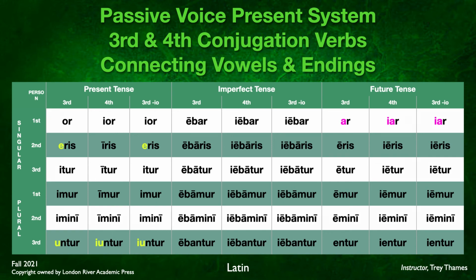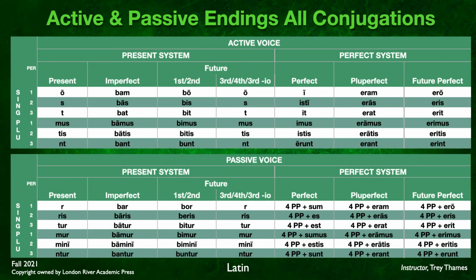helpful here. I'm going to go ahead and take the chart and put passive and active endings together here. You can see them all. Present tense system for active voice: -o, -s, -t, -mus, -tis, -nt. For imperfect: -bam, -bas, -bat, -bamus, -batis, -bant. I've got future, two columns there for first and second conjugation: -bo, -bis, -bit, -bimus, -bitis, -bunt.